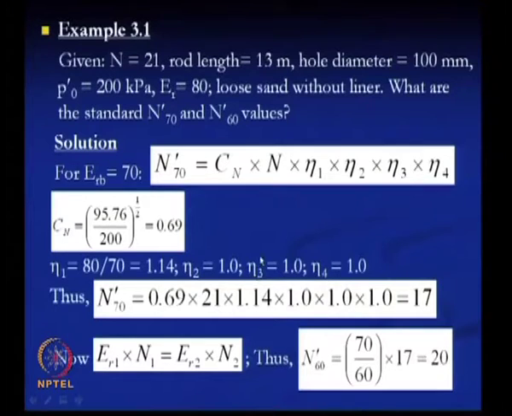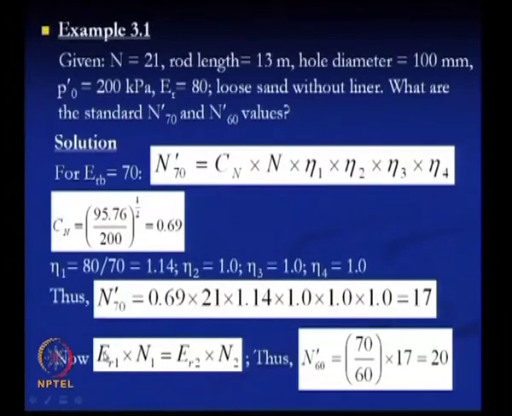Now, it is observed that if the energy ratio is increased, then the N value decreases linearly. So, by using this concept, for any energy ratio, energy ratio 1 into N1 will be equal to energy ratio 2 into N2. If we use this expression, then the corrected N value for standard energy ratio 60 will be 70 divided by 60 into 17.